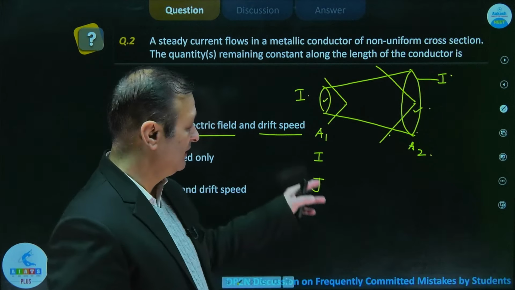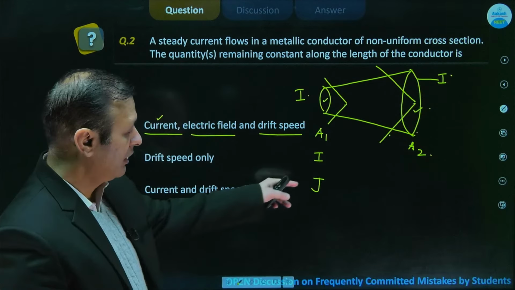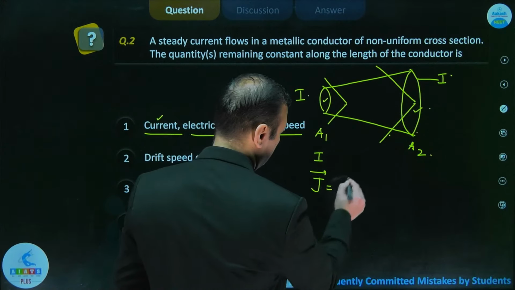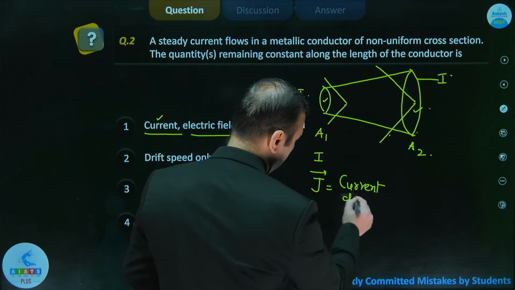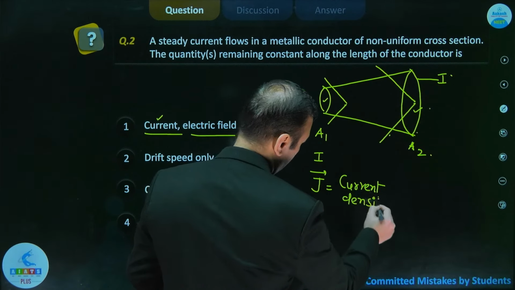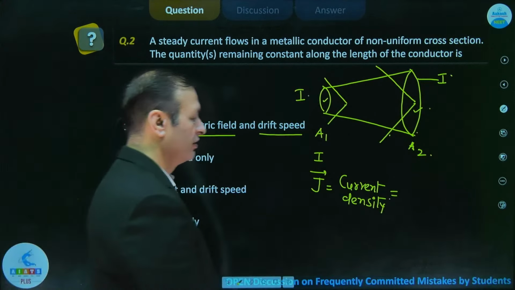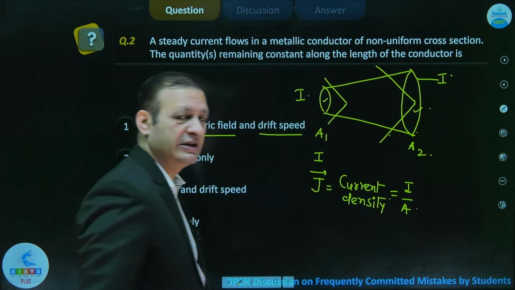So that is why we call it a scalar. But now we have J, that is current density, a vector quantity, and this is current per unit area.